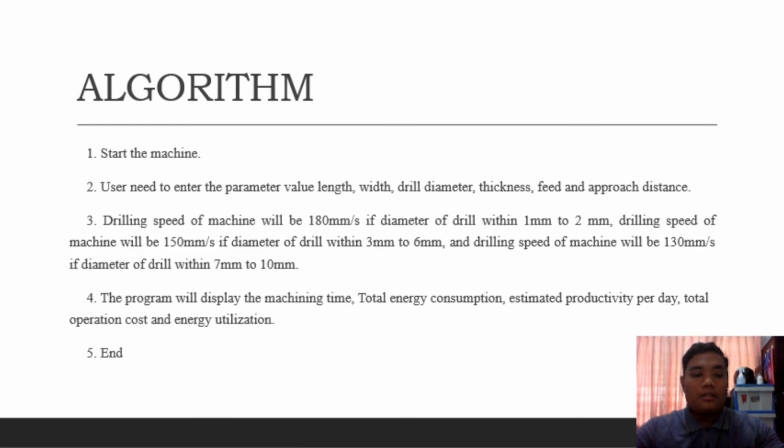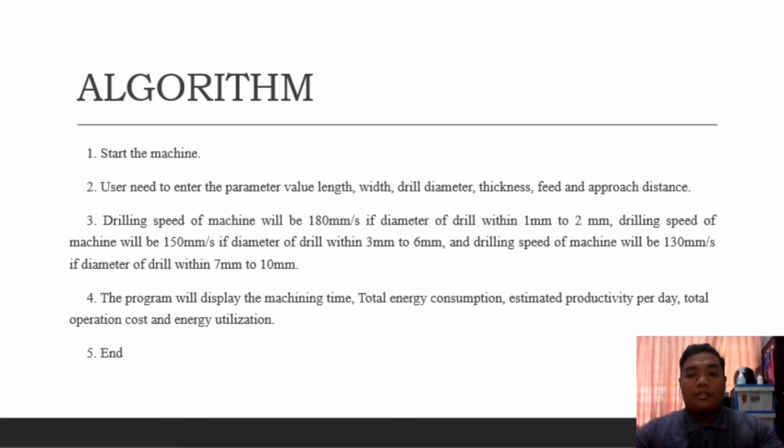Algorithm. The first is start the machine. Second, the user needs to enter the parameter values: length, width, drill diameter, thickness, feed, and approach distance. Third, the drilling speed of the machine will be 180 mm per second if the diameter of the drill is within 1 mm to 2 mm. The drilling speed will be 150 mm per second if the diameter is within 3 mm to 6 mm.